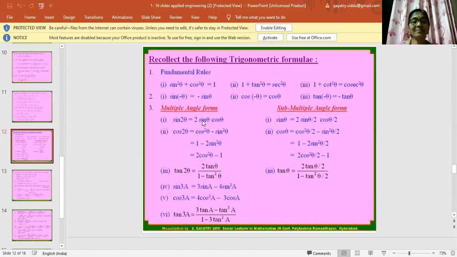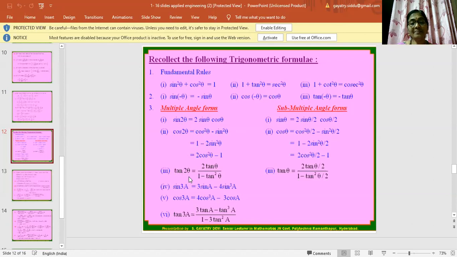Coming to multiple angle forms, sin 2 theta equal to 2 sin theta cos theta, and cos 2 theta is expressed in three ways: cos square theta minus sin square theta, which is equal to 1 minus 2 sin square theta, only in terms of sin, and which is equal to 2 cos square theta minus 1, only in terms of cos.